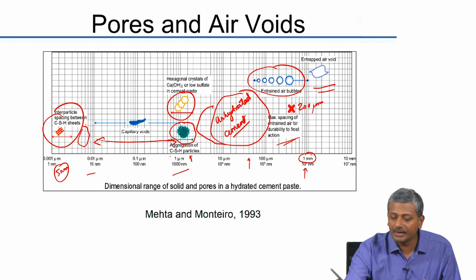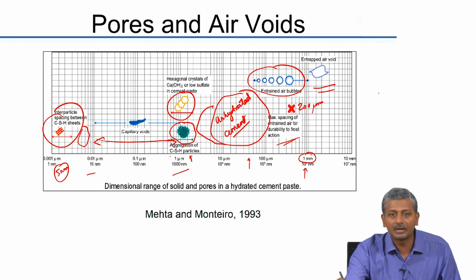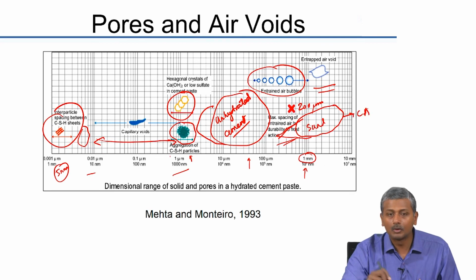Now, where is your sand grain? In concrete, if you extend this to concrete, where is the sand coming? This is the region for sand, maybe a little bit smaller, yeah, that is sand, and from here on it is coarse aggregate.